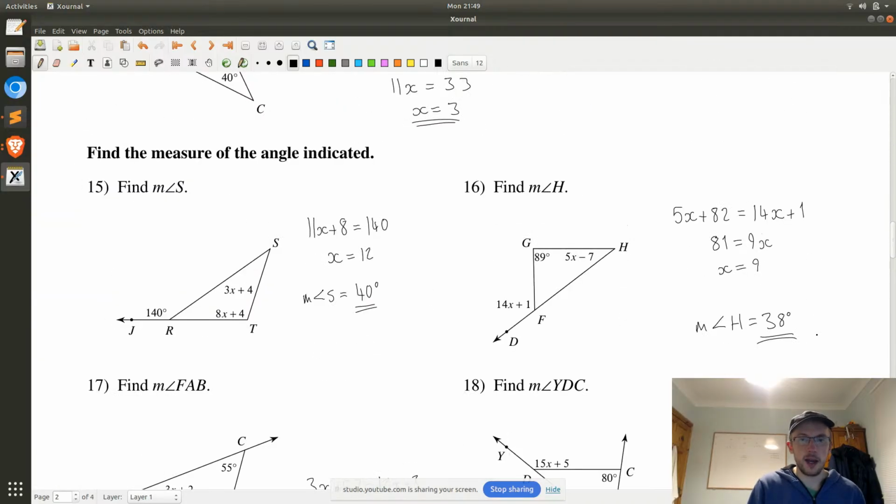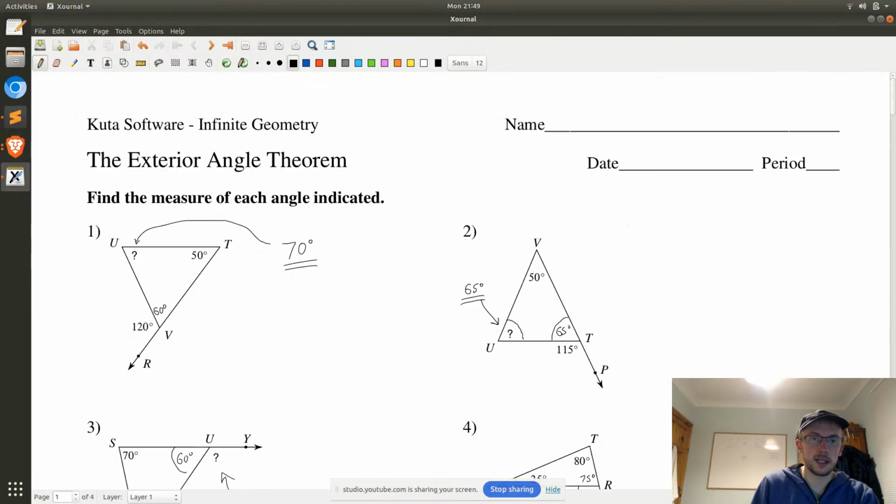And that completes it. So let's see if I was able to be accurate this time.